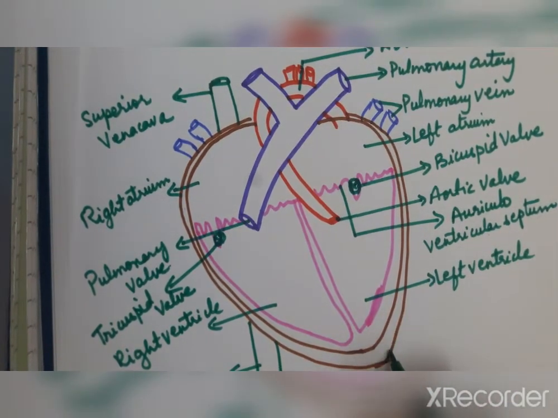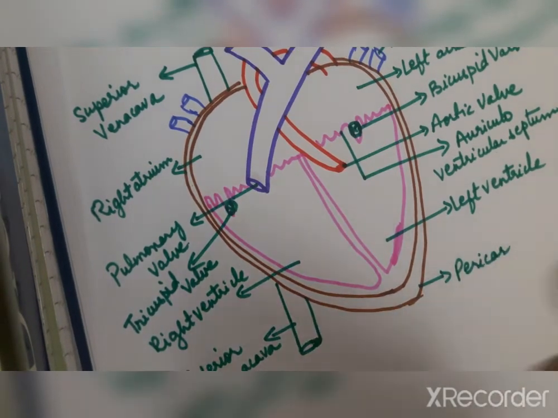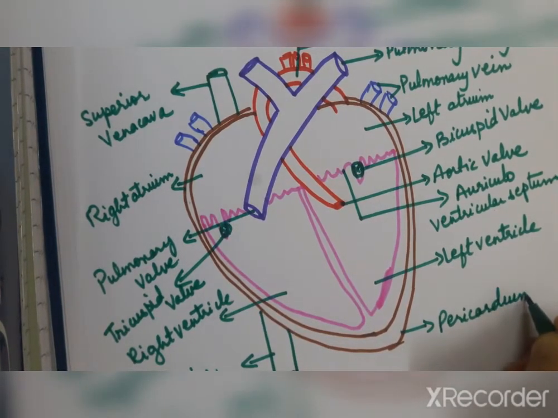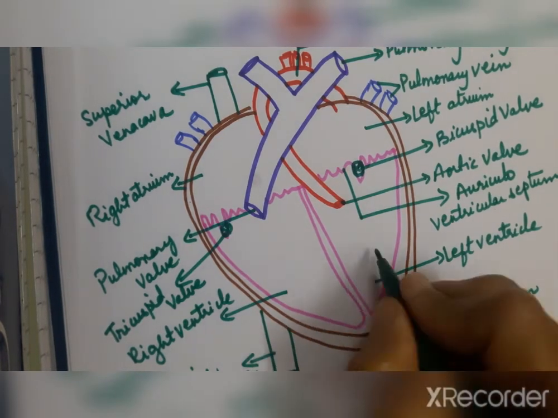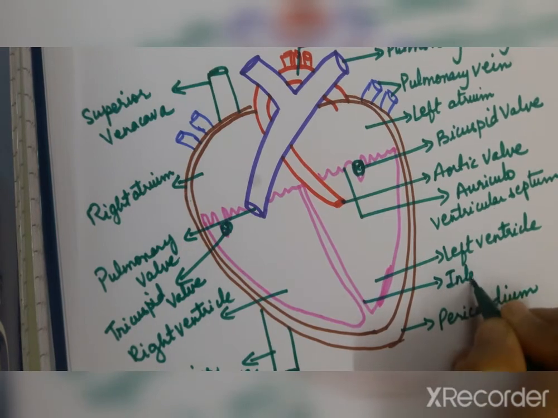And this is the pericardium, which is a double membrane; the heart is covered by pericardium, and the 2 ventricles are separated by the interventricular septum.